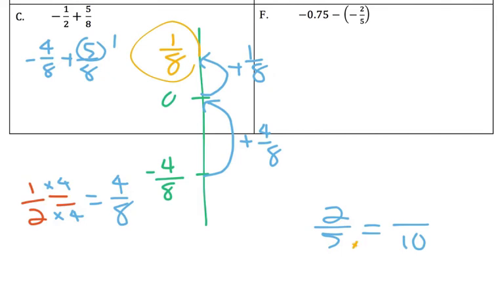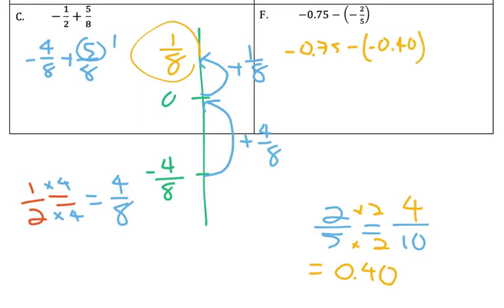And I see that 5 is a factor of 10, so I'm going to do 5 times 2 is 10, and then 2 times 2 is 4. So I know that I can write this as 4/10, and I also know that 4/10 is the same as 40 hundredths. So now I'm going to rewrite this problem as negative 75 hundredths minus negative 40 hundredths.